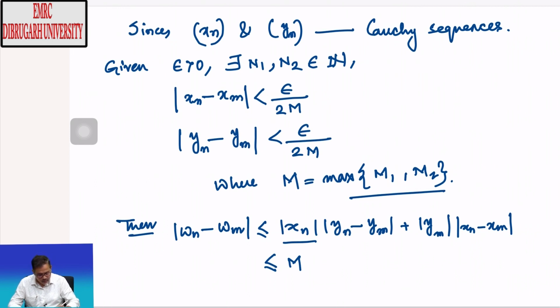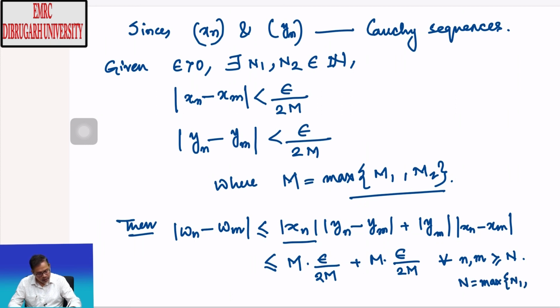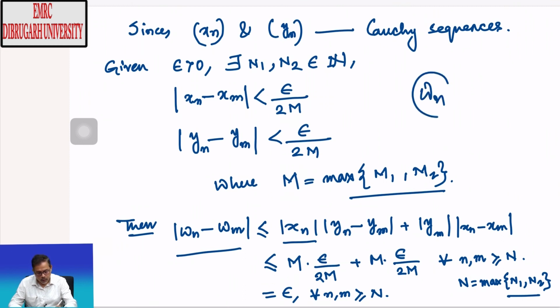Therefore, I can immediately write m instead of this, and it is multiplied with epsilon by 2 m, plus again m into epsilon by 2 m for all n and m greater than or equal to N, where N is the maximum of N 1 and N 2, and this gives me less than epsilon for all n, m greater than or equal to N, and thus we have w n is a Cauchy sequence. This completes the proof.